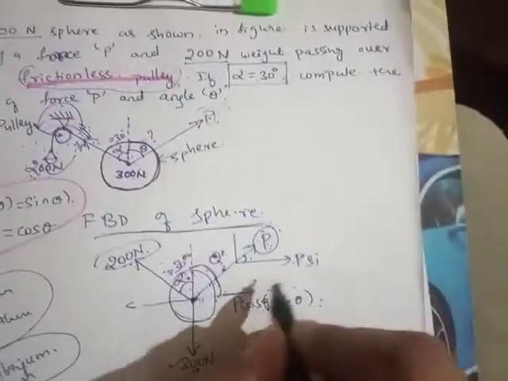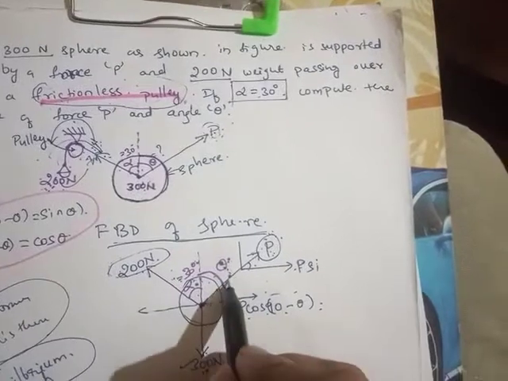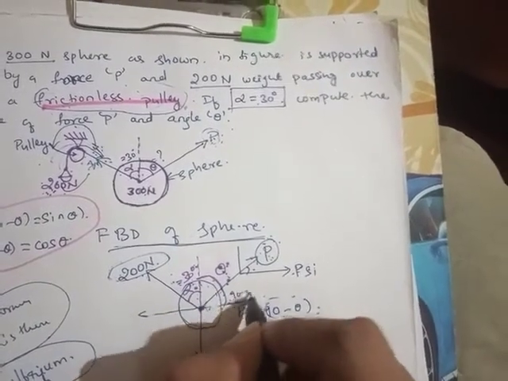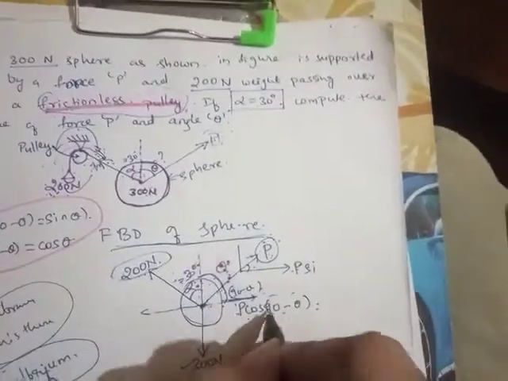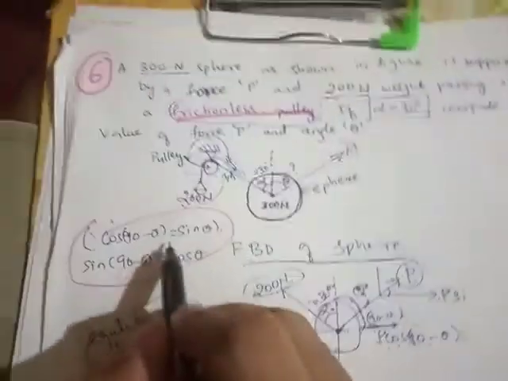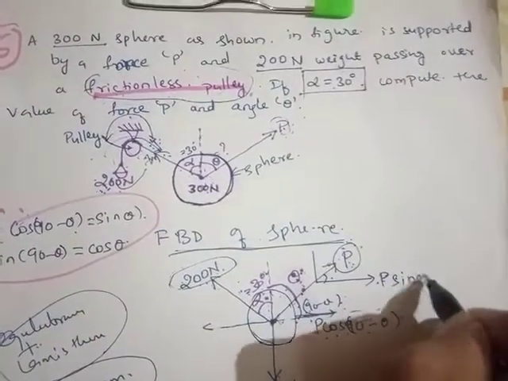So one is the horizontal component. The horizontal component is nothing but this angle, and this angle is nothing but 90 minus theta. So the horizontal component is P cos 90 minus theta. What is P cos 90 minus theta? It is sin theta. So that means P sin theta.